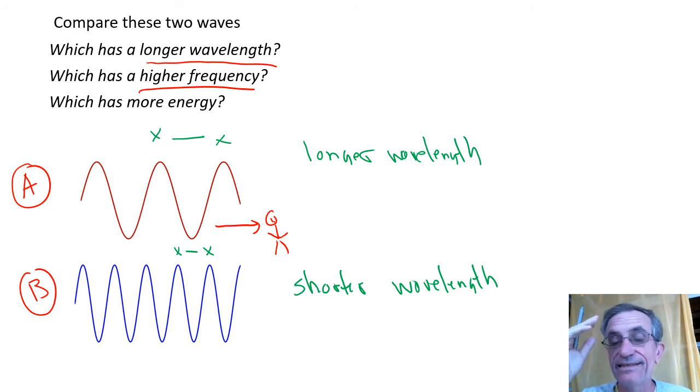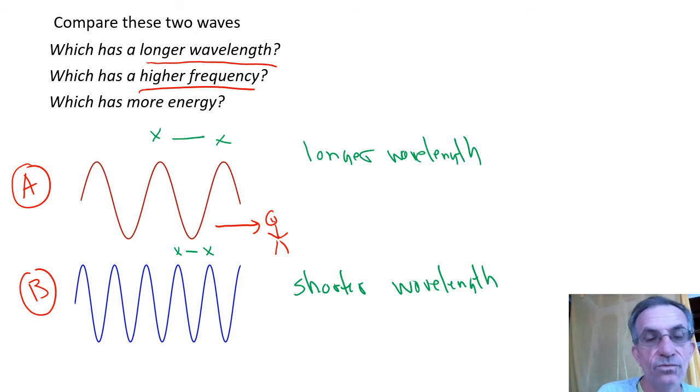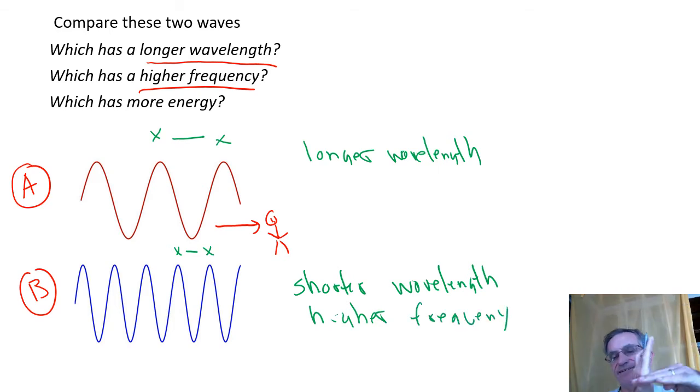So if you were to sit there and count, which one are the peaks coming at you quicker? They're coming at you quicker in wave B. So wave B has a higher frequency. Because they're closer together, they're going to pass you more often. They're going to come quicker at you because they're not so spread out. So wave A would have a lower frequency.